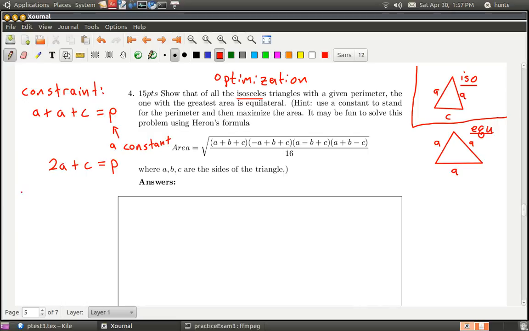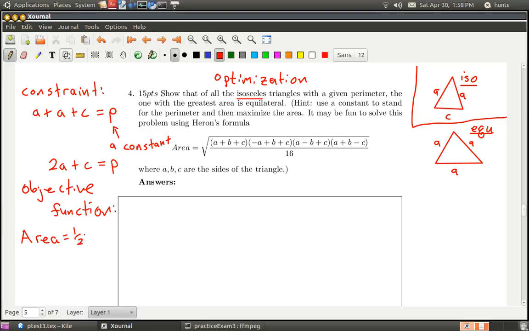maximize. Okay, so remember the thing that we actually want to maximize is what we call the objective function. And that is definitely the area. So we want to look at the isosceles triangle with perimeter P and then maximize the area. Okay, but there are lots of ways to express the area of a triangle, right?